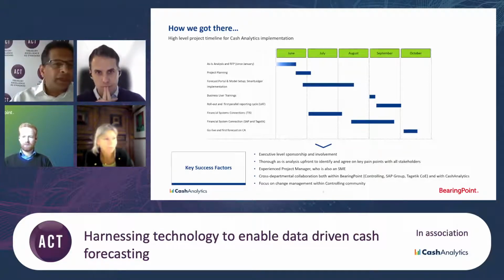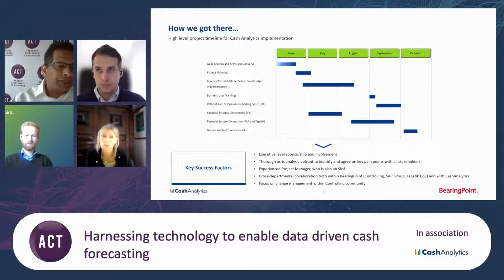Fynn, we hear from Evelyn, it's gone live. Can you tell us a bit more about some of the new processes that underpin the cash forecasting? Yeah, sure.